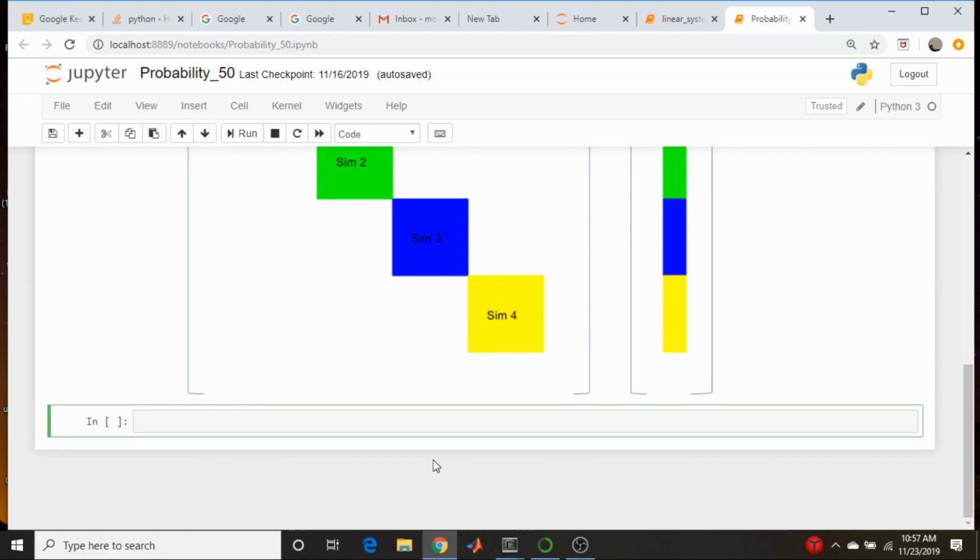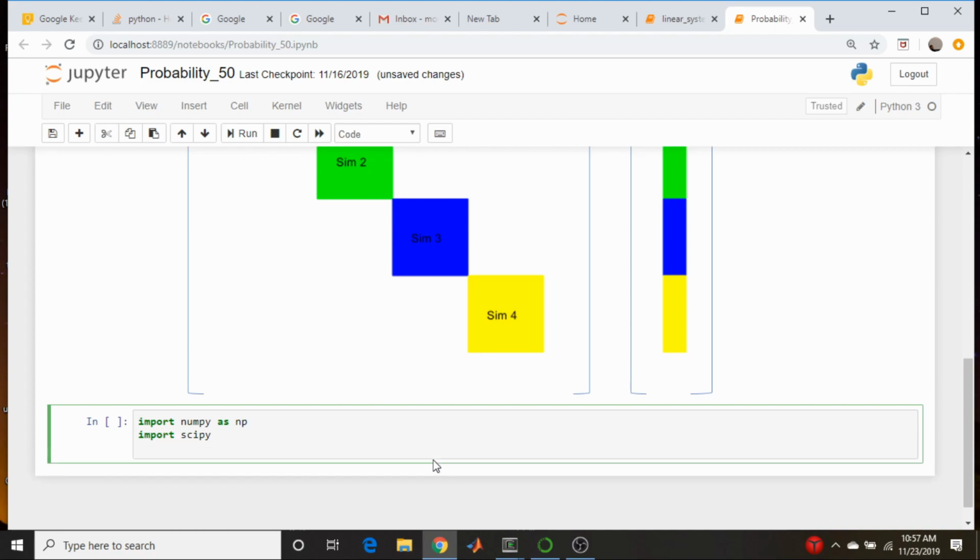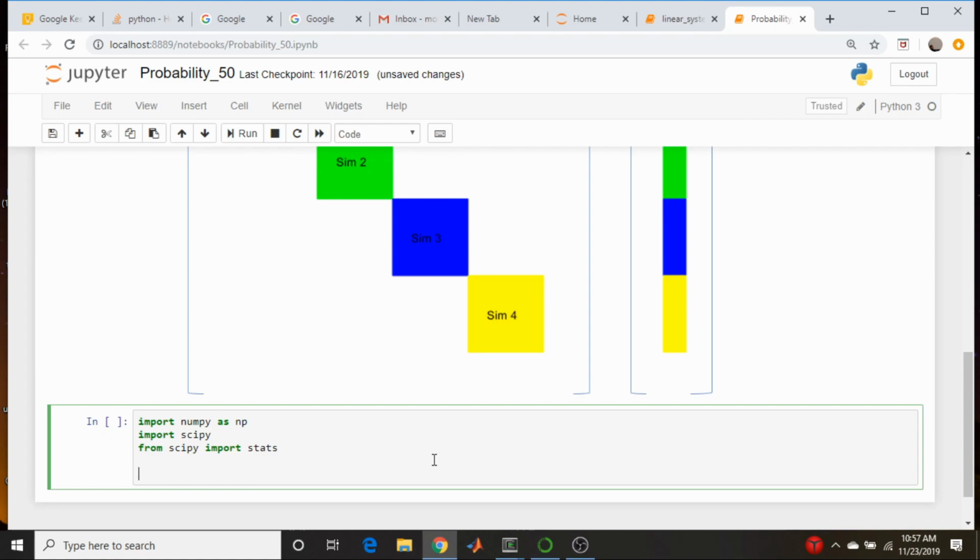So as always, we're going to want to import numpy as np. We want to import scipy, and I'm just going to load in the stats module explicitly from scipy. So from scipy import stats. And just for debugging purposes, I'm going to want to plot some things out.